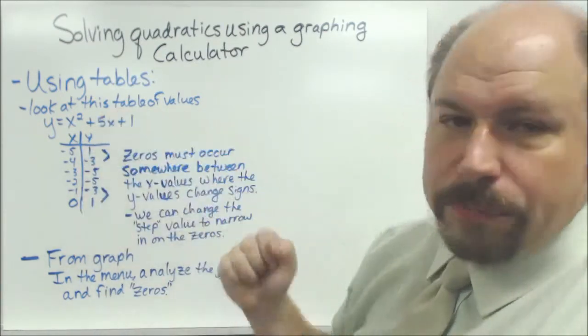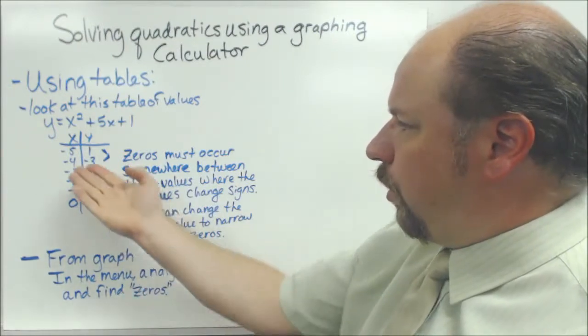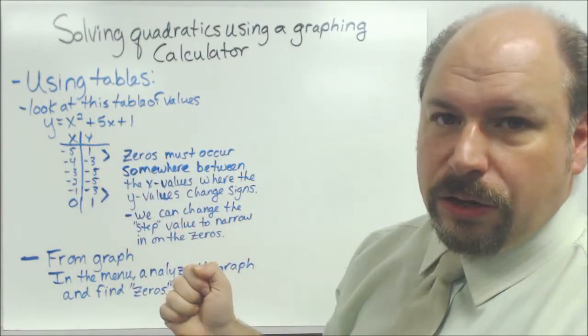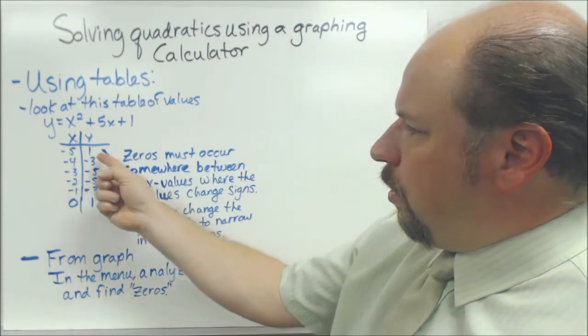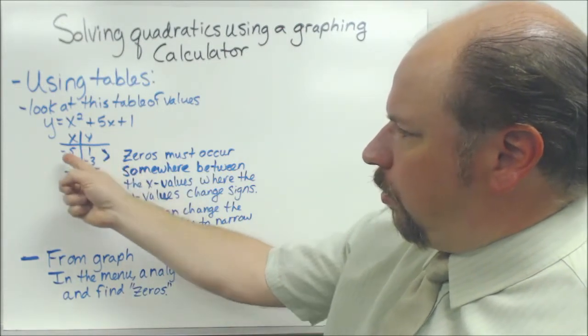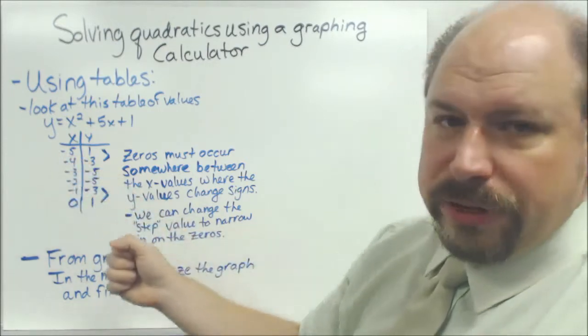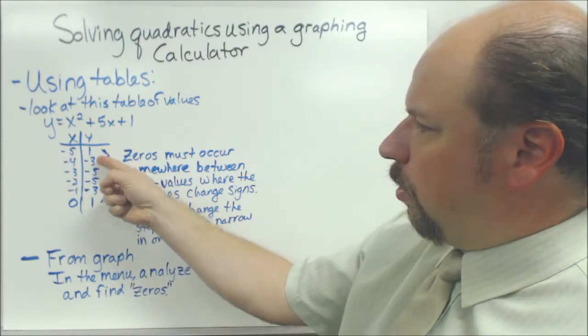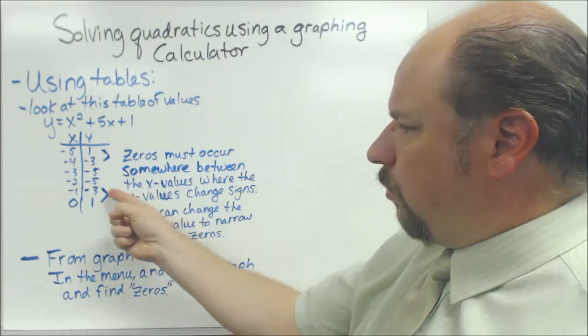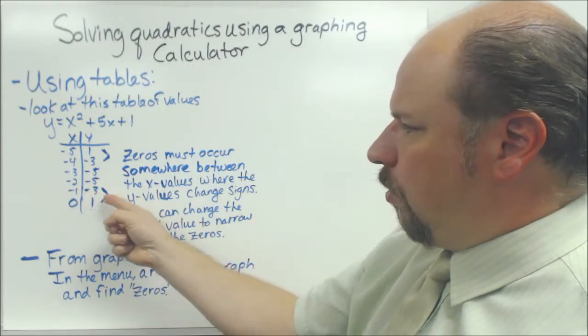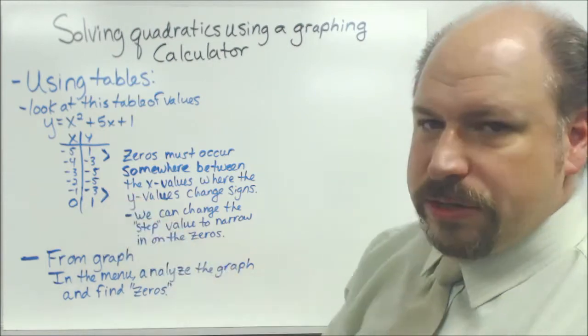And what I've done here is I just pulled up a table of values on the graphing calculator and then transferred it over here. So notice right here, from -5 to -4 in the x direction, our y values go from positive to negative. And down here between -1 and 0, our y values go from negative to positive.